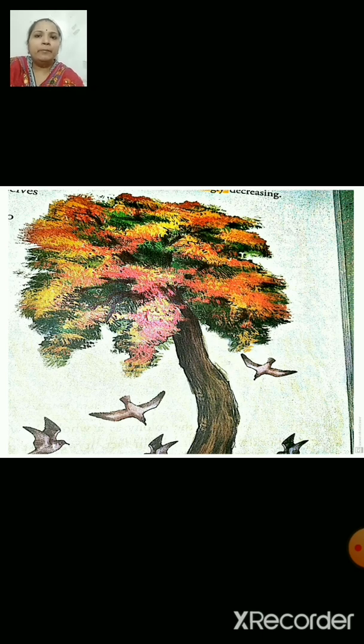They build the nest to lay eggs and raise their young ones. All birds reproduce by laying eggs. When they have to lay eggs, they build homes called nests. Yes, the home of a bird is called a nest.